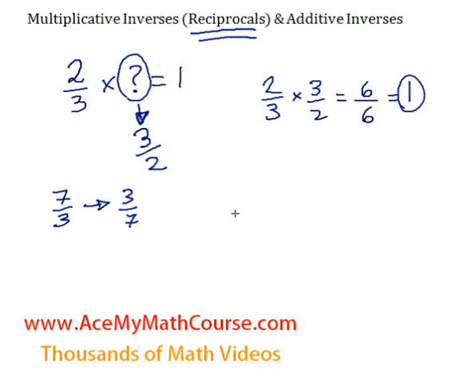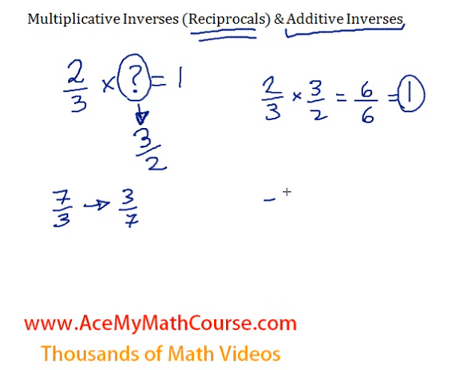That simple. Great. So these are all multiplicative inverses, but how about additive inverses? Okay, the additive inverse of a number plus that number will always give you a sum of 0.